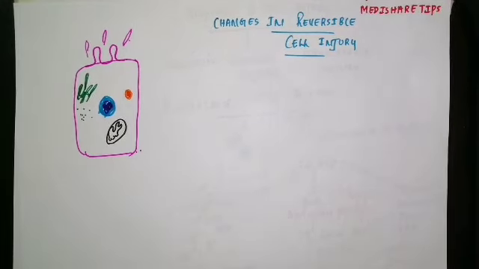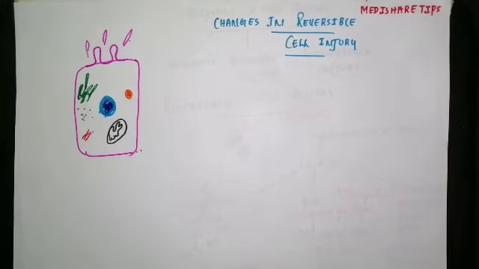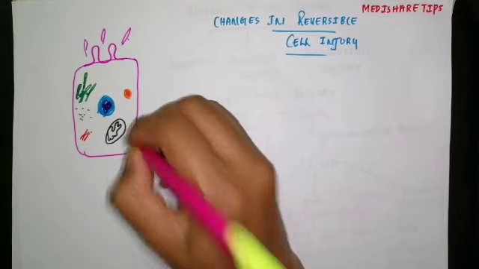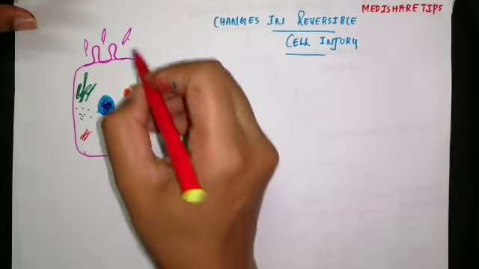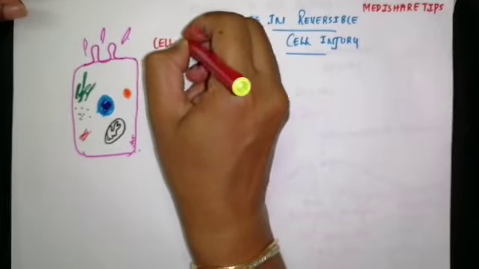So what are the cytoplasmic changes we see here? Because of the increased accumulation of water inside the cell, the cell gets swelled up. That is called cell swelling.